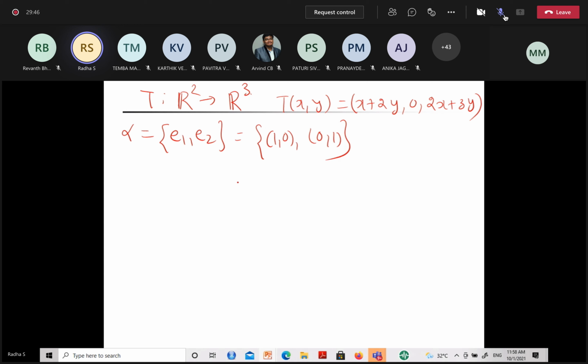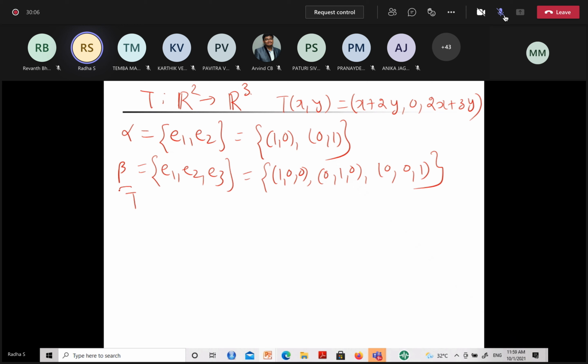Sometimes purposefully they change the order. That type of question is also there. We'll do it. Then what is beta? E1, E2, E3. So that is 1, 0, 0, 0, 1, 0, 0, 0, 1. So the question asks you to find T alpha to beta.